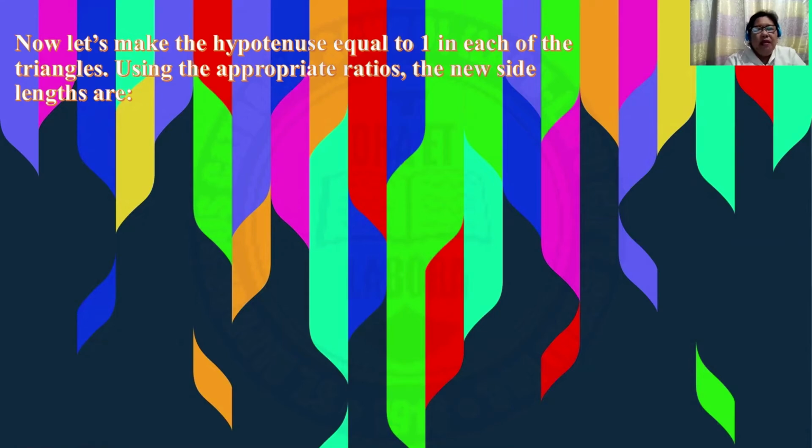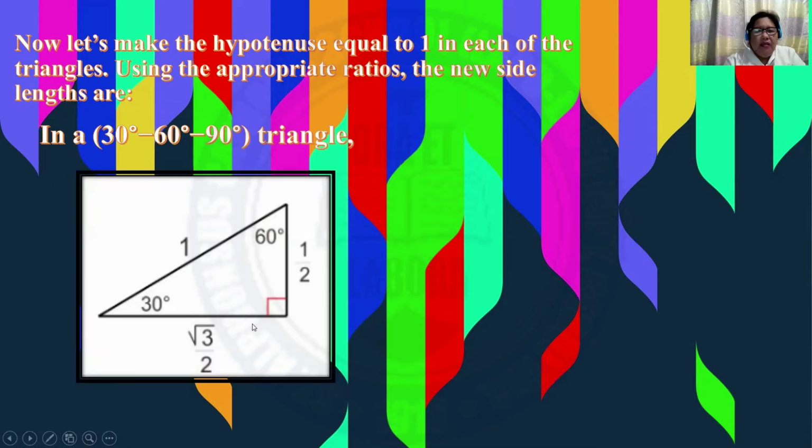Now let's make the hypotenuse equal to 1 in each of the triangles. Using the appropriate ratios, the new side lengths in a 30-60-90 triangle are as follows. This side measures 1/2, which is opposite to the 30-degree angle.